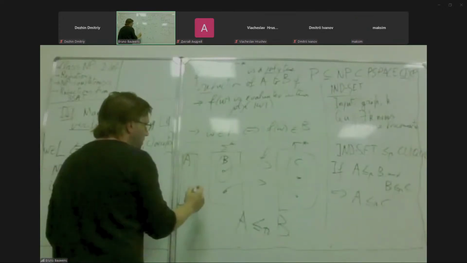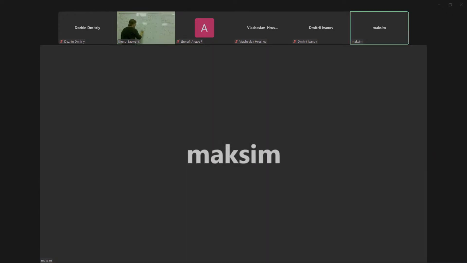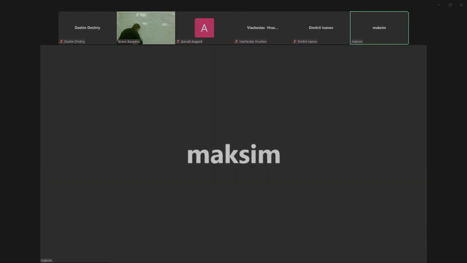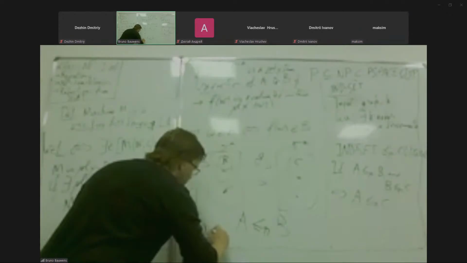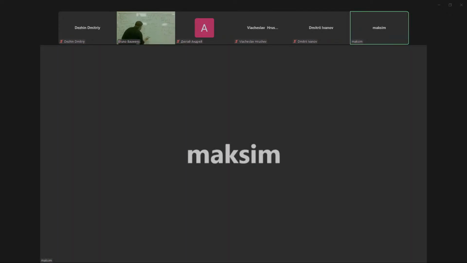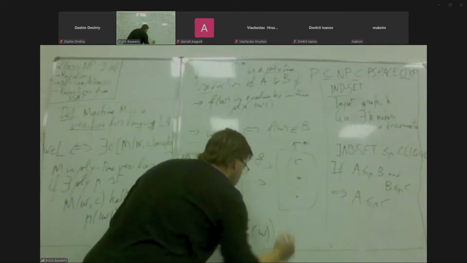Yeah, indeed. That's a property that we need. If we have a reduction F here and another reduction G here, then we can consider the reduction H of w equal to G of F of w.